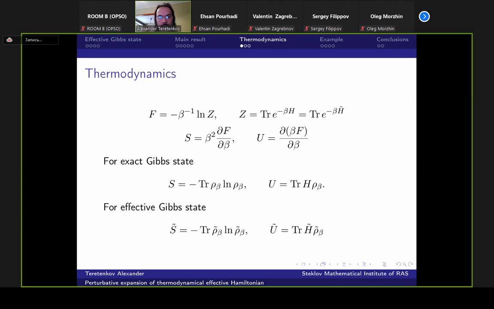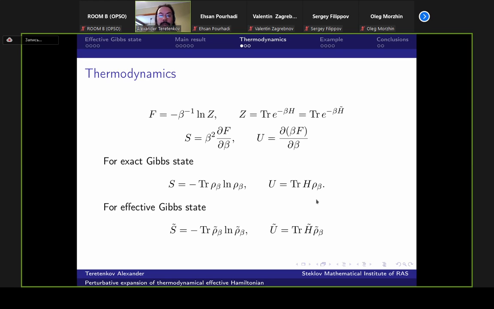Namely, let us consider, well, as usually thermodynamics is described by free energy. We know how to calculate it, and free energy in statistical physics is defined by partition functions. So we know the formula for partition function here, so it's possible to define the free energy, entropy, and internal energy here, and so on.